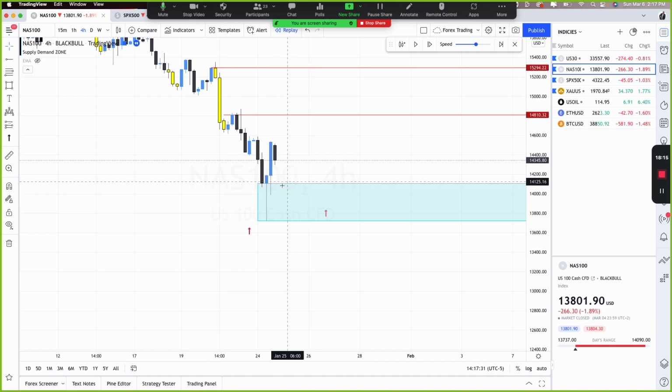The reason I need it to come back and retest this is so I can enter a buy, because I know the market has to retrace around areas of supply and demand. Why? Because the big guys, that's where they get the money to fulfill the orders of other traders. Does that make sense?